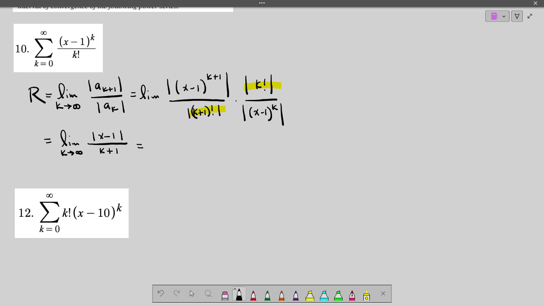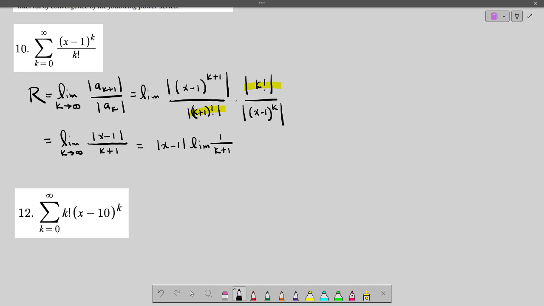No k in the numerator. So this numerator is constant with respect to k. In other words, it can be factored to the front. The x, there's no k in there. x is a real number, so that is constant with respect to k. It doesn't depend on k, so it can factor out. We can think of it as acting like a constant.